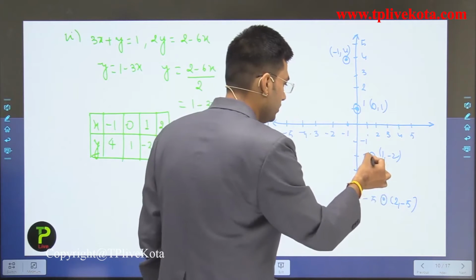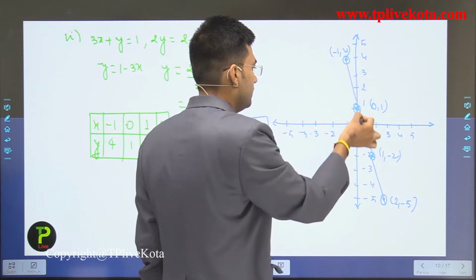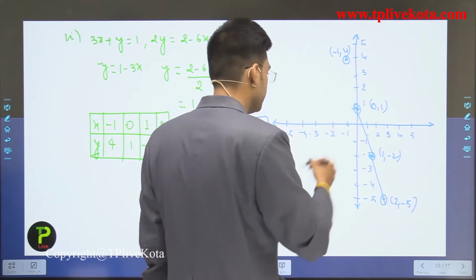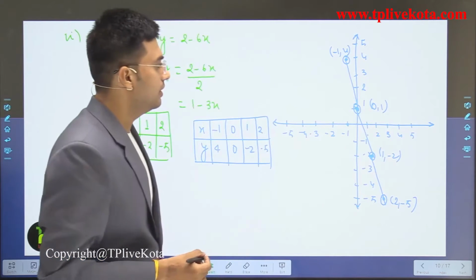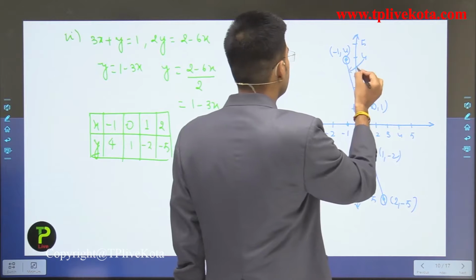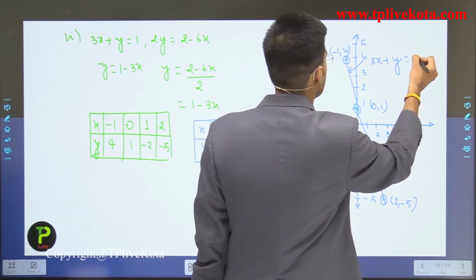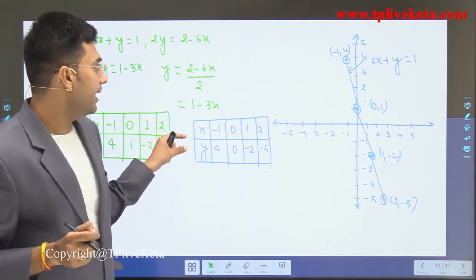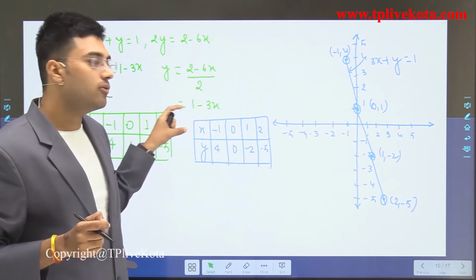Now let's join all these points. So this is the line for 3x plus y equals to 1, and for 2y equal to 2 minus 6x, again we have the same points.